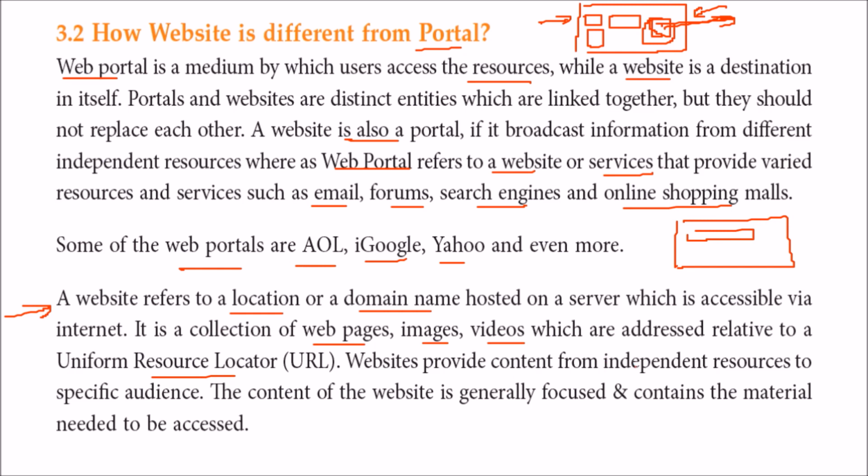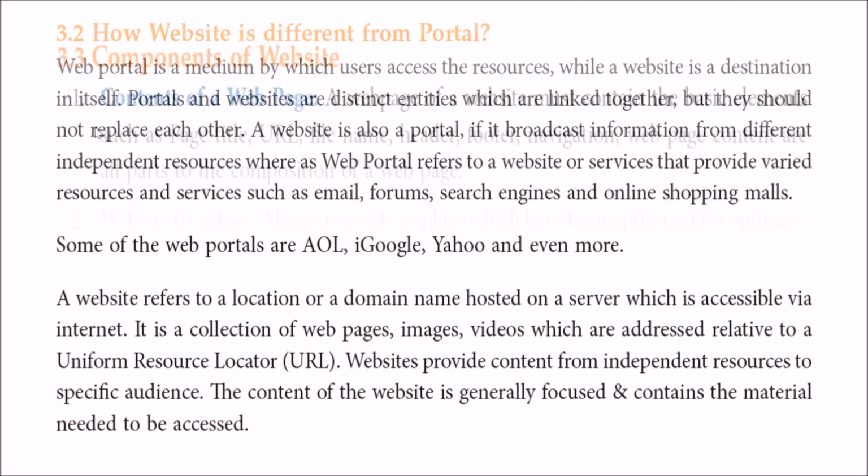So a website provides content from independent resources to, say, some specific audience, and the content of a website is quite focused and contains the material that exists and that you can access. They are giving information about something which is of one specified area.